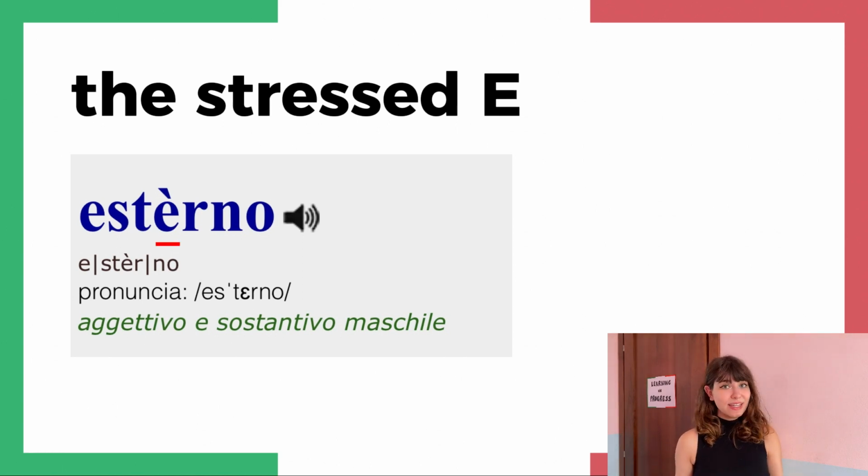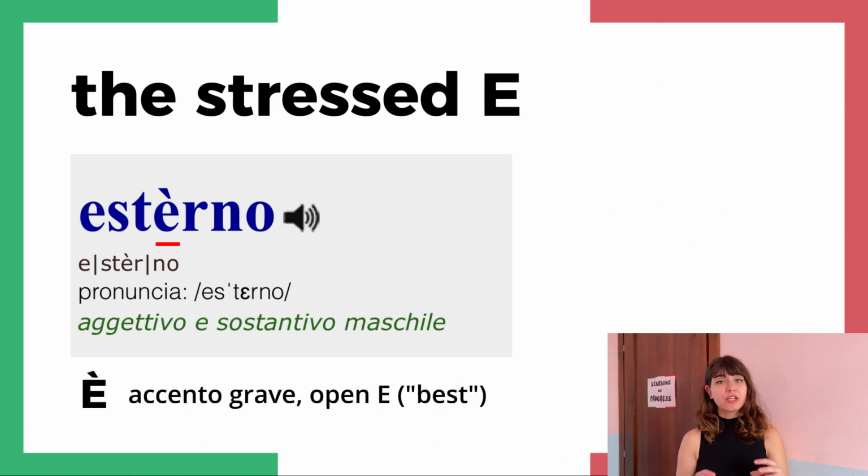For the stressed E, just look at the shape of its accent. And remember what I told you, higher on the left, lower on the right, accento grave, open E, as in best. So in esterno, we have both closed and open E's. Esterno, closed, open.